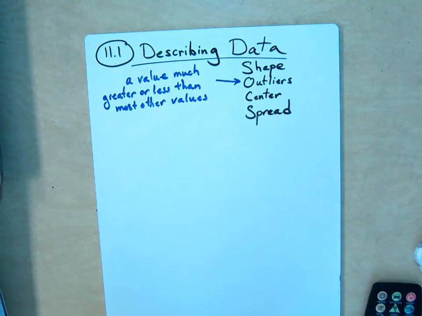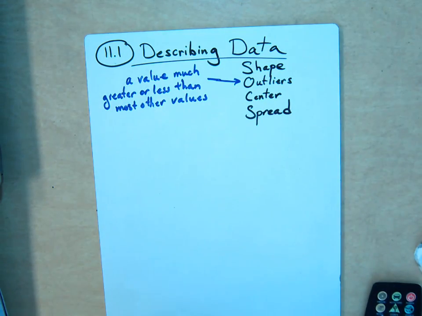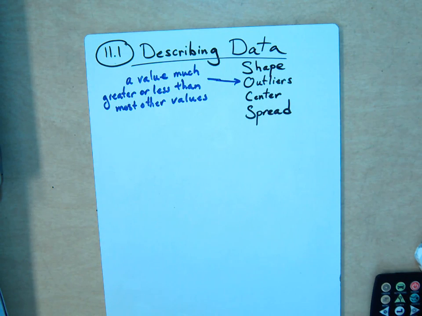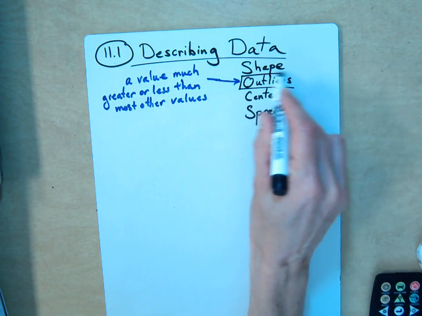And there is a formal mathematical way of saying, is it really an outlier? But for now, we're just saying, does it look like an outlier when we look at the data? So that's for outliers.